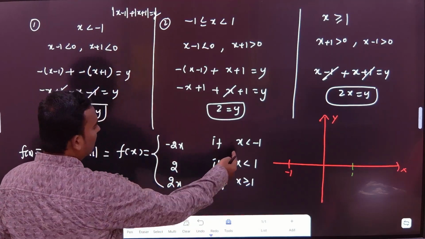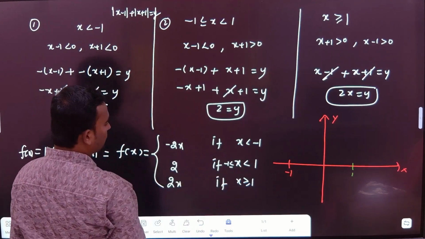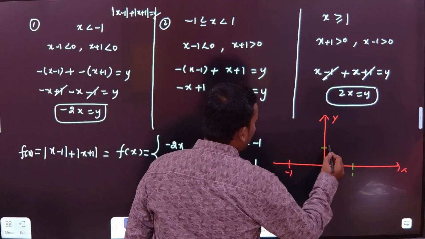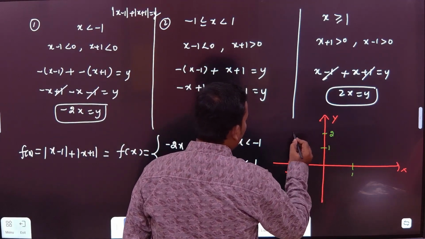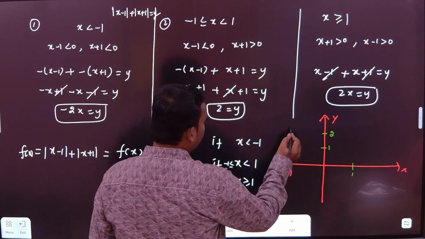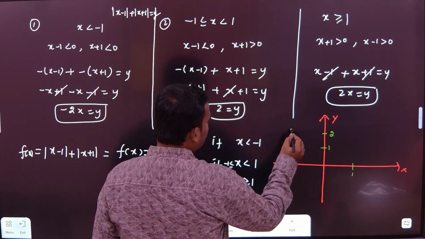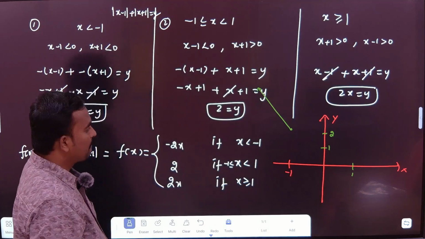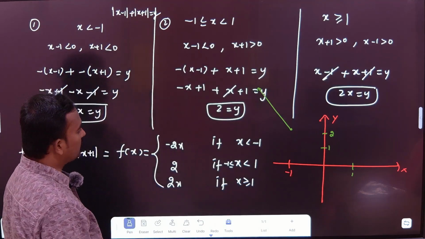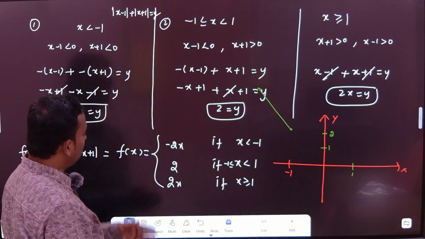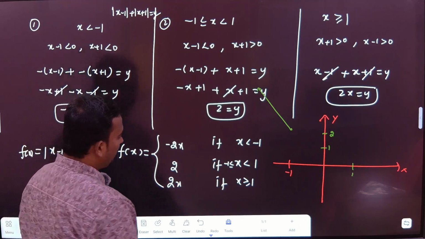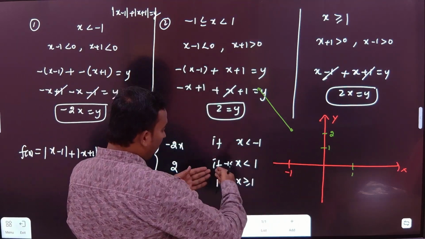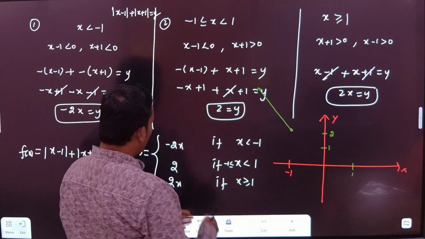Y is equal to minus 2x, and when x equals minus 1, that will be 2. When x is from minus 1 to 1, y is equal to 2.